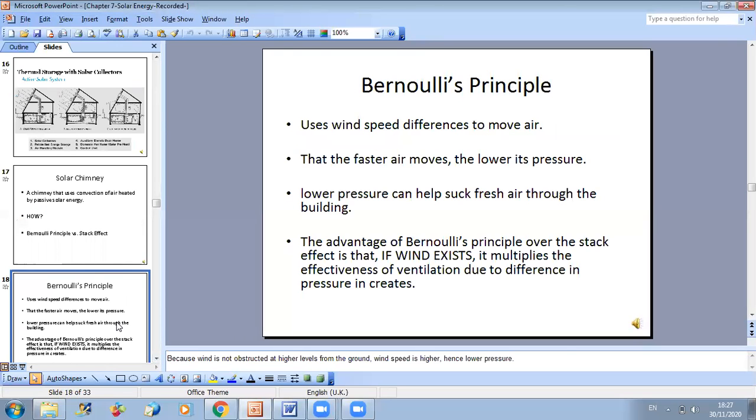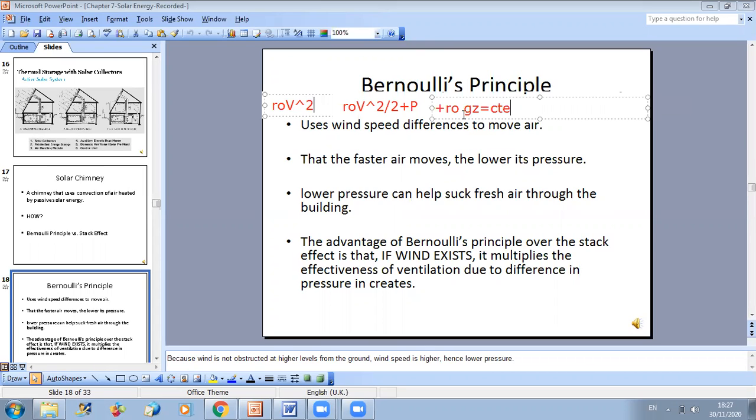If you remember, when we introduced Bernoulli's equation in the previous chapter, it was of this form: rho v square over 2 plus pressure plus rho g z equals a constant.